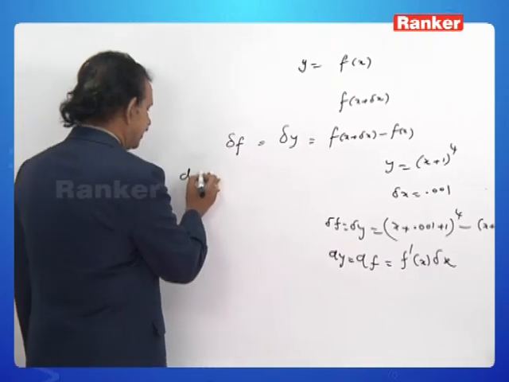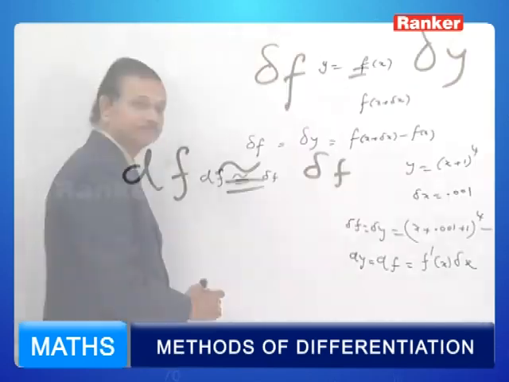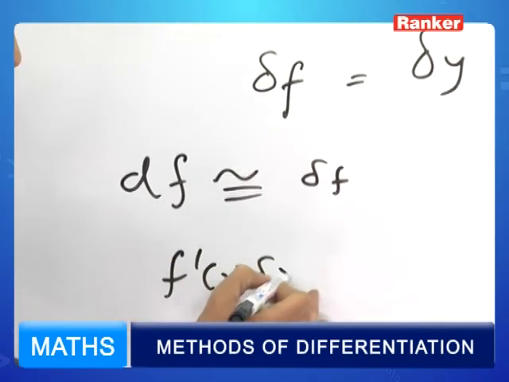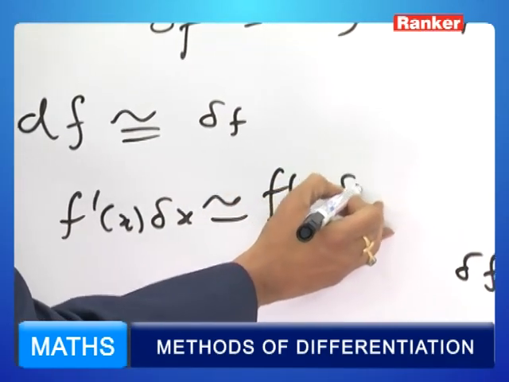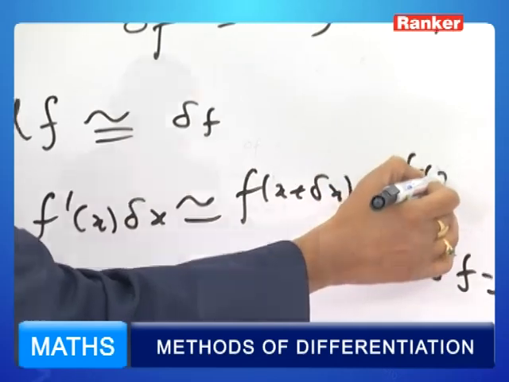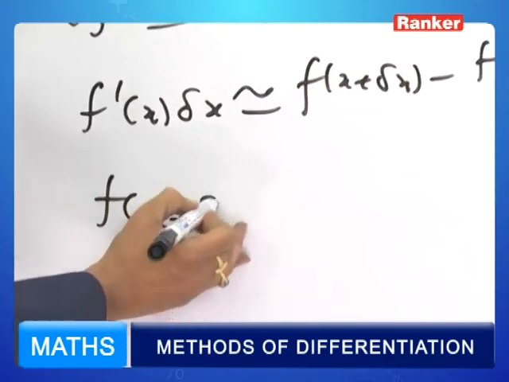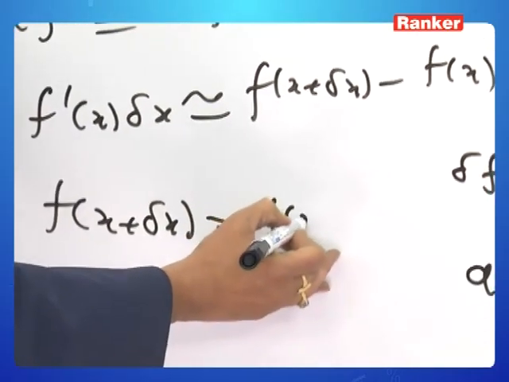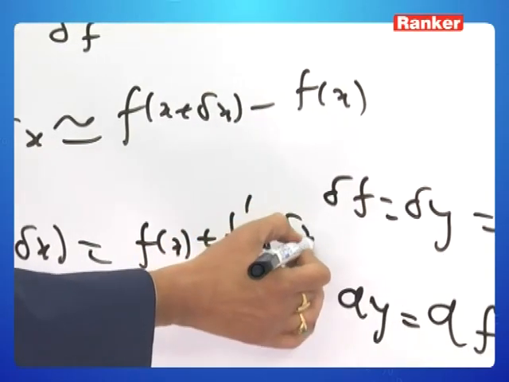Therefore, df is approximately equal to delta f. What is df? f dash x into delta x. What is delta f? F of x plus delta x minus f of x. From that, f of x plus delta x is equal to, you send my f of x here, so that it becomes f of x plus f dash x into delta x.